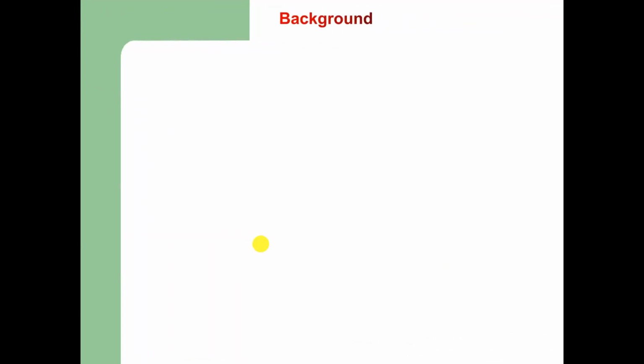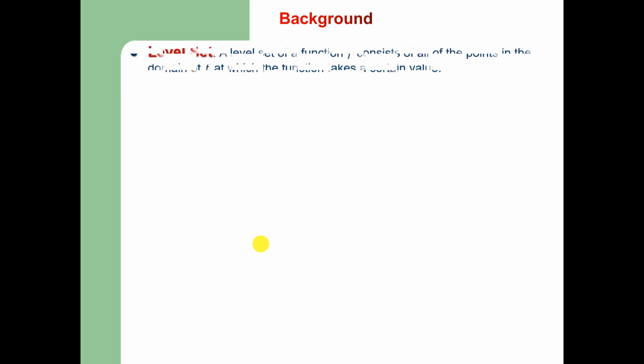So let me start with this background, and here I am going to explain upper contour set, lower contour set, level curve, and level sets, and some other concepts like vectors and so on. So let me start with level set.